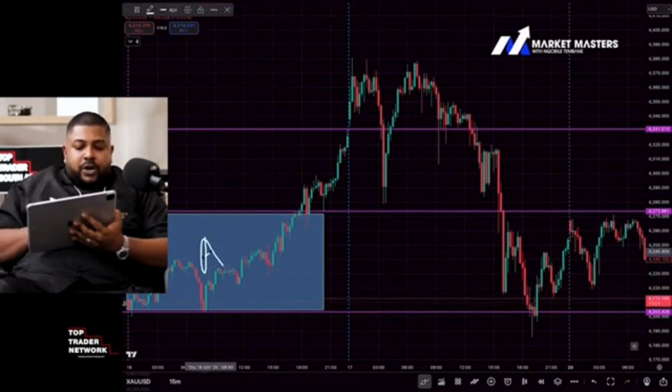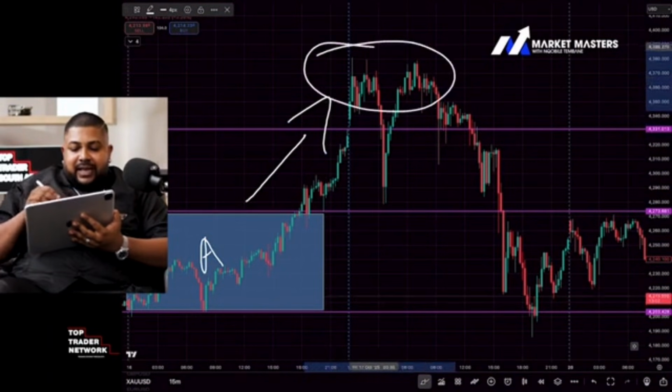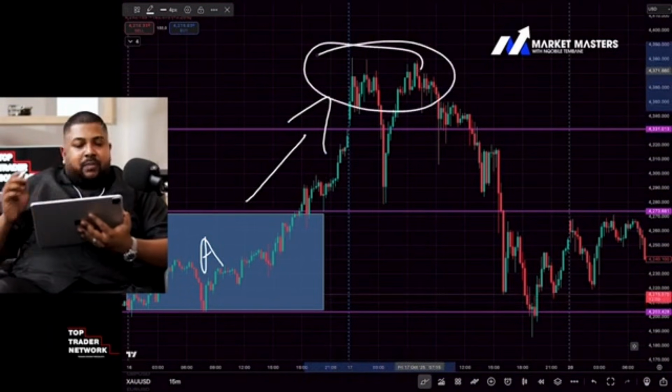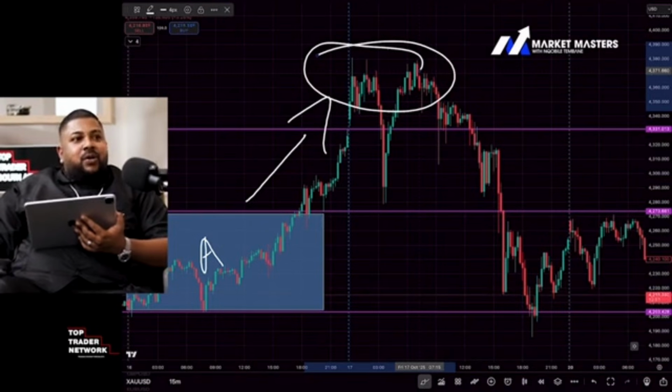We knew that price is going to go up, create a double top in this area, and then come towards the downside, which is your distribution phase. If your distribution phase is targeting yesterday's low, you already have 3 confluences to enter the trade.